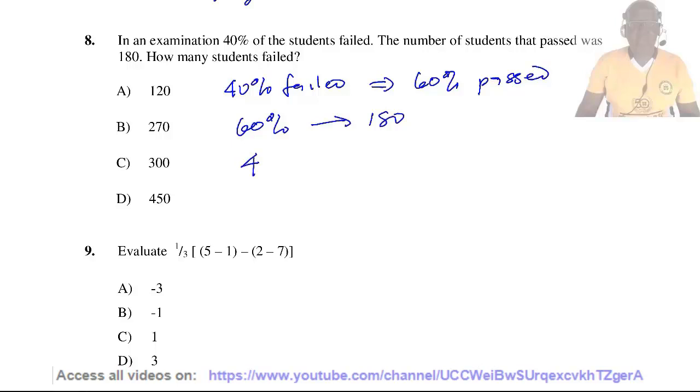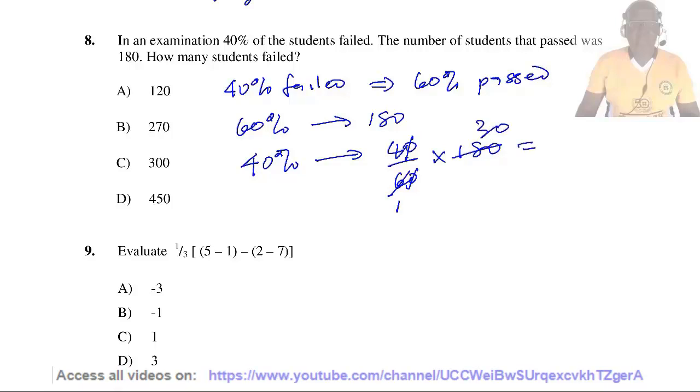Therefore, 40% that failed is going to be less. If less, more divides. So 40 over 60 times 180. The zeros will cancel out. 6 goes into 180, 30 times. So the answer is 4 times 30, which equals 120. So the answer is A.